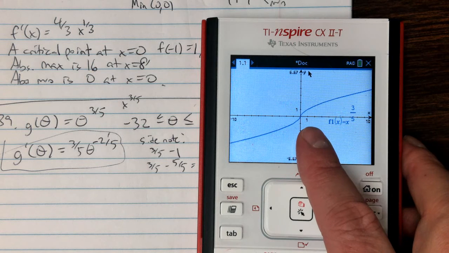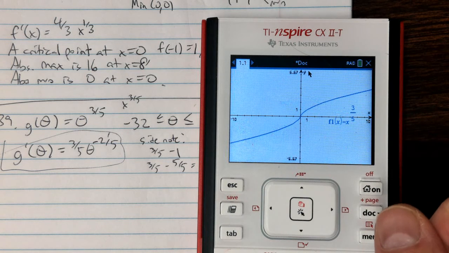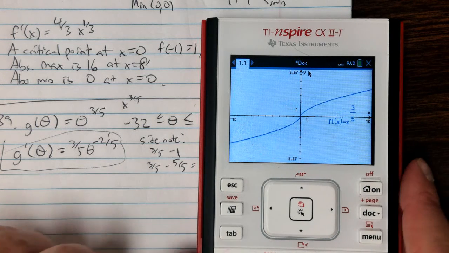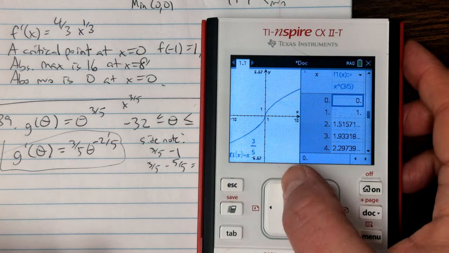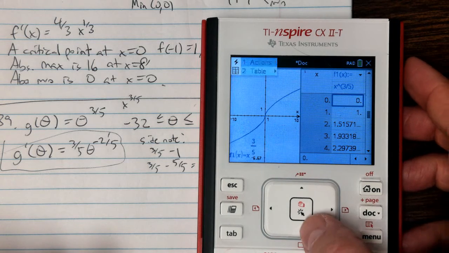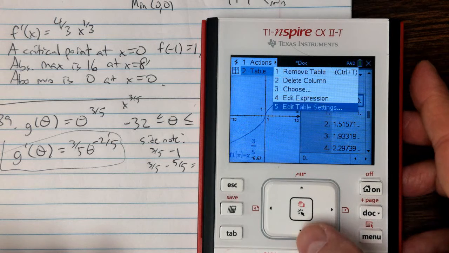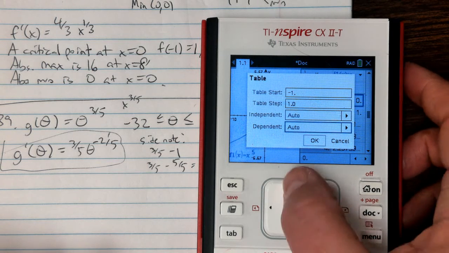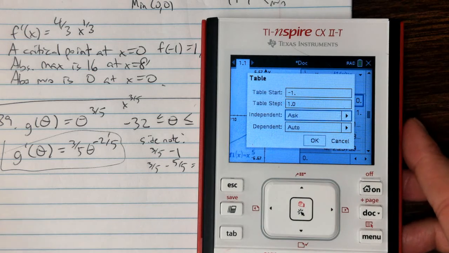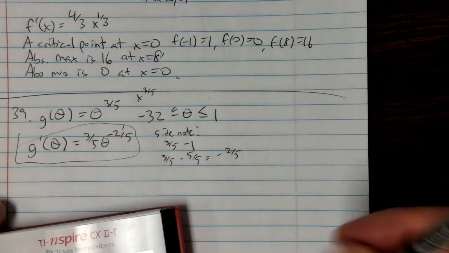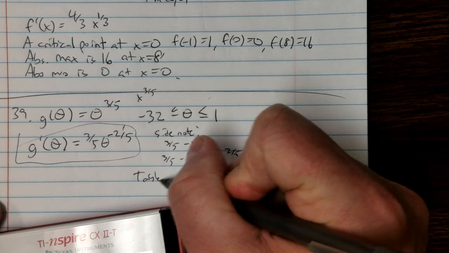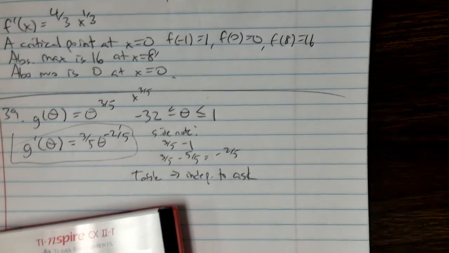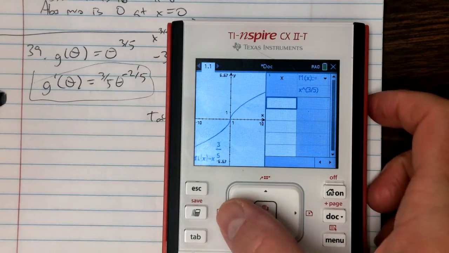So it looks like that. And we want the value at negative 32. By the way, go ahead and change this to ask mode, independent to ask. In the table, change independent to ask, because that'll be quicker than just scrolling.